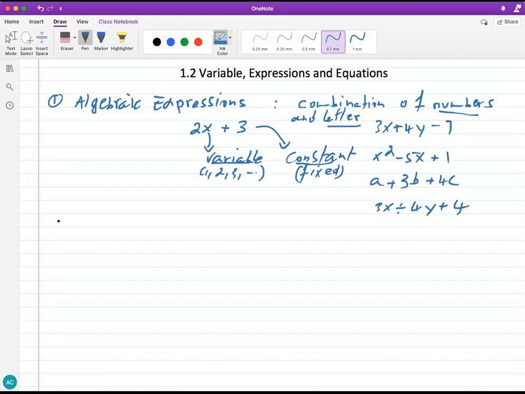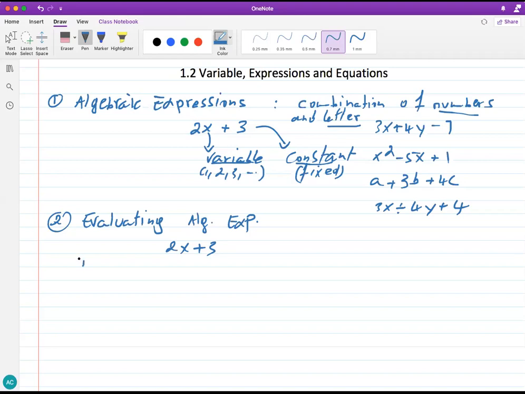Now let's see how to evaluate. Let's see, why do we call this a variable? What makes it a variable? So let's do some evaluations of evaluating algebraic expressions. Let's take this very first expression, 2x plus 3. So this could take different values depending on the value of x.